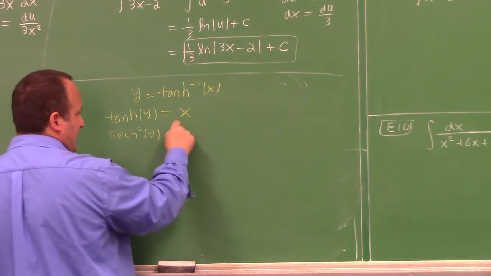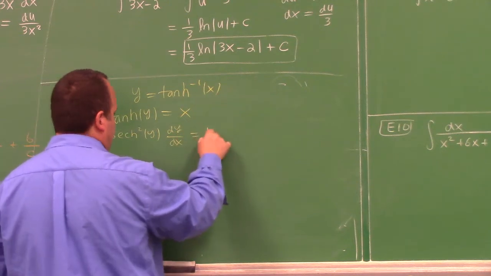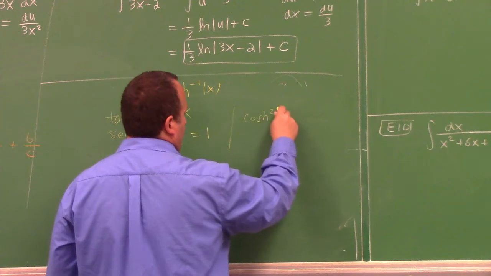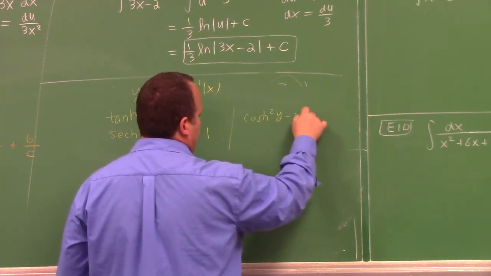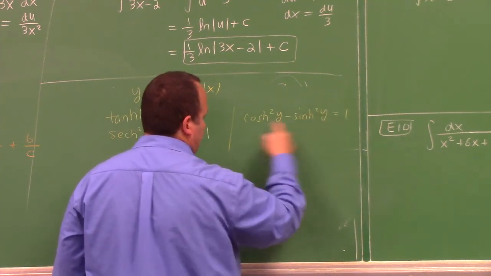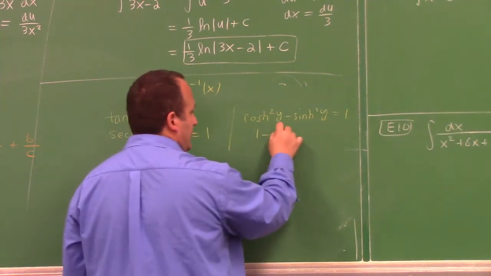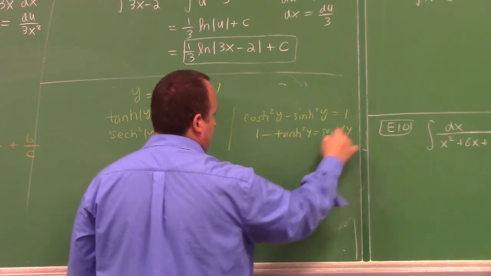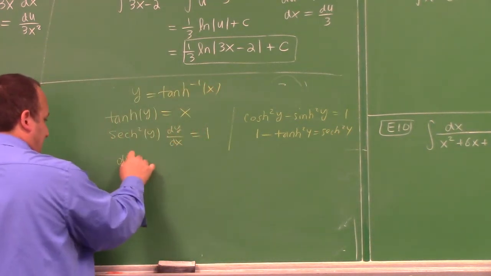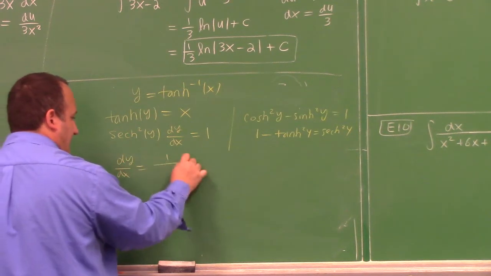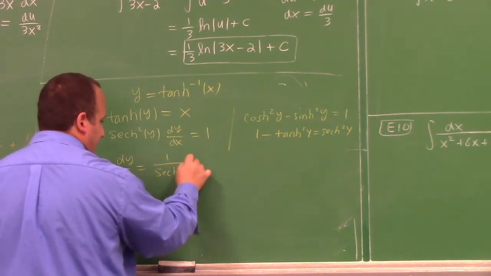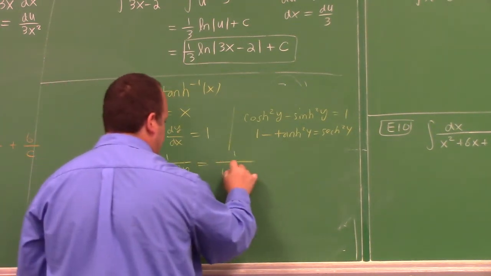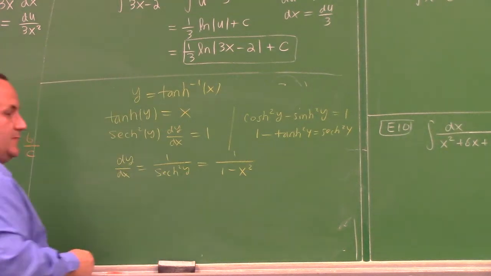But chain rule gives me dy dx equals 1. Remember that cosh squared y minus sinh squared y is 1. Dividing by cosh squared gives me 1 minus tangent squared is hyperbolic secant squared. So this gives me dy dx is 1 over hyperbolic secant squared y, but that is 1 over 1 minus tangent squared, which is 1 over 1 minus x squared. So there we go.